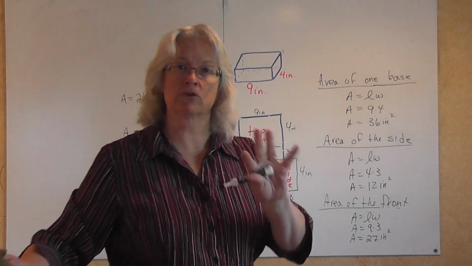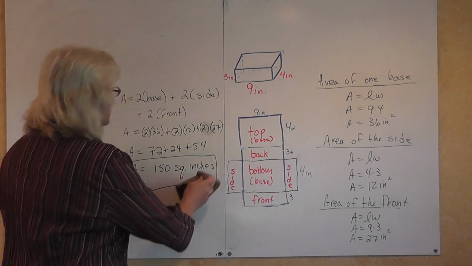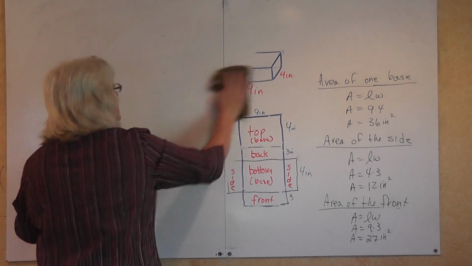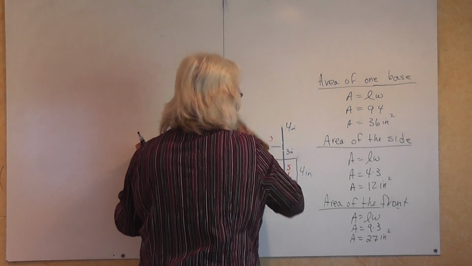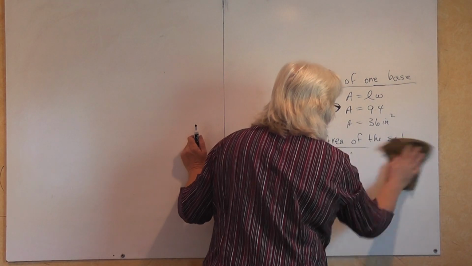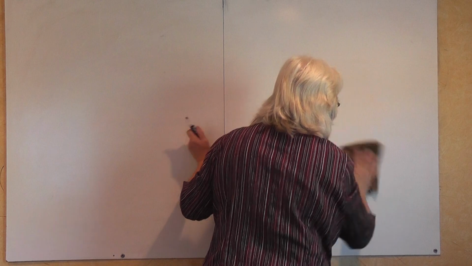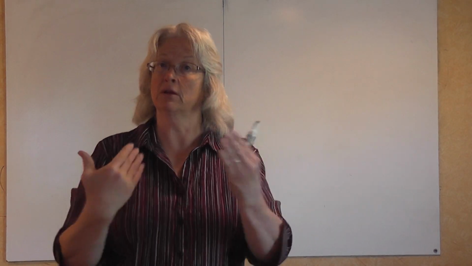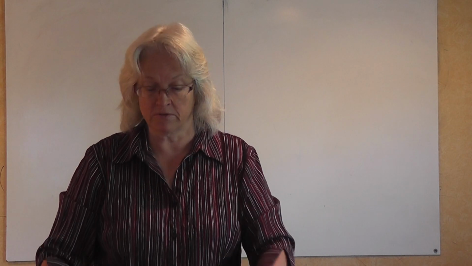Now, let's talk about how we find the surface area of a cylinder. Because a cylinder is a little bit of a different creature altogether. And in all honesty, cylinders are the easiest ones. For those of us who are challenged in seeing in 3 dimensions, like I am, it's very difficult for me to go from 2 dimensions to 3 dimensions visually.